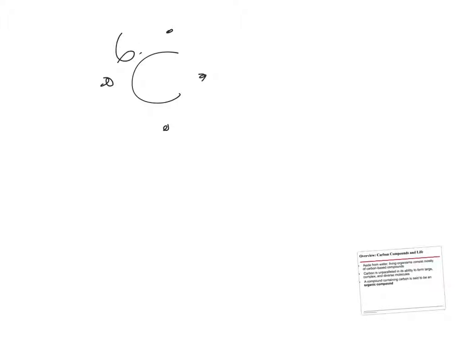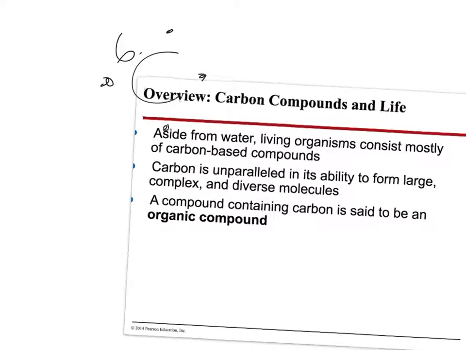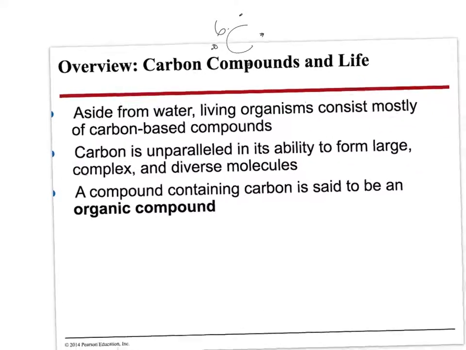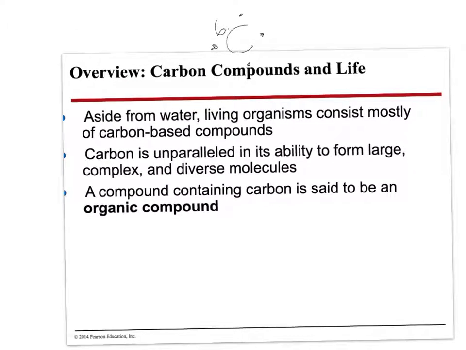We're going to talk about lipids, proteins, carbohydrates, and nucleic acids. Those are the 4 macromolecules. Carbon makes up the backbone of all of those. So, organic compounds are those that are composed of or have carbon.